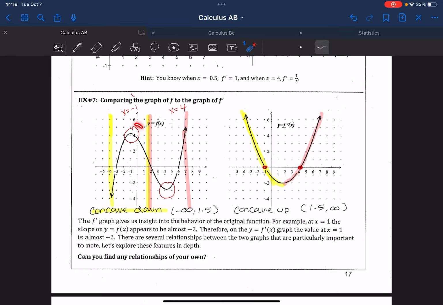Oh, sorry, this was concave down. Concave down means our slope is decreasing. Concave up, where we are in this part, means we're increasing. So in order to draw the derivative or the estimated slope of the function, we see that this cubic turns into just a parabola.